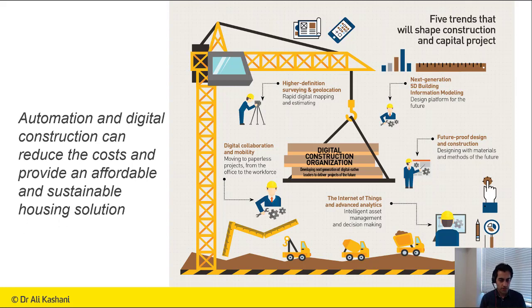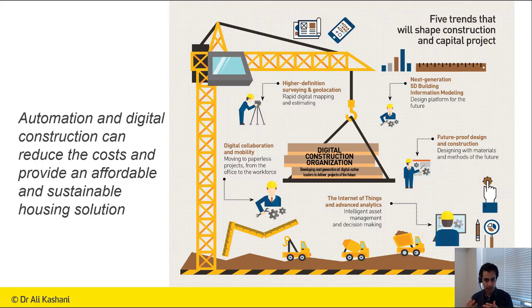So one thing that can be done, if we compare to the example of the car manufacturing industry, whose productivity has increased while the cost has decreased since the inclusion of automation, is that the same thing can happen, and it's already happening. It's not something that we haven't done before.